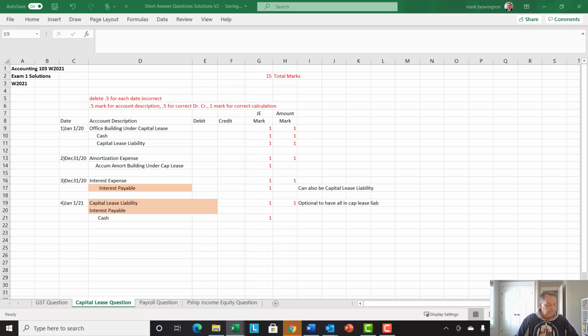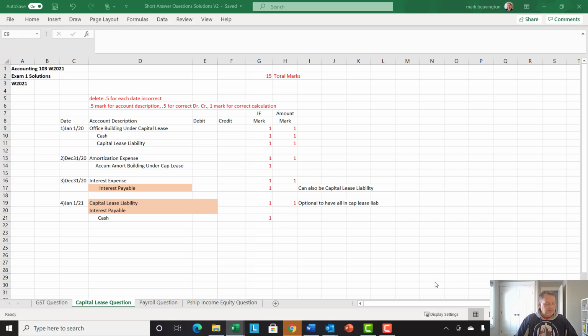Payments are made on January 1st of each year. Present value of the 7 future lease payments at 10% is $36,510, and the building is expected to have a 10-year life. And then the last part there is really the bargain purchase option, confirming that it's a capital lease because they buy it for $1 at the end of the year.